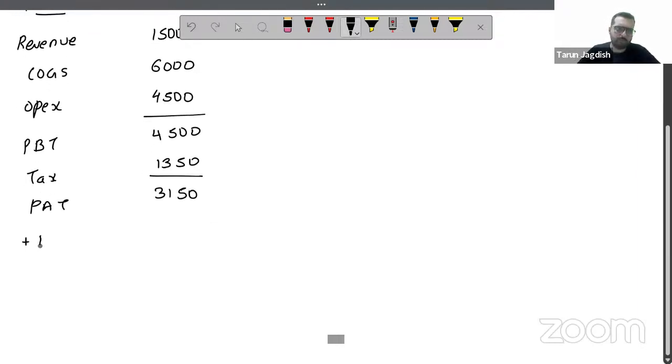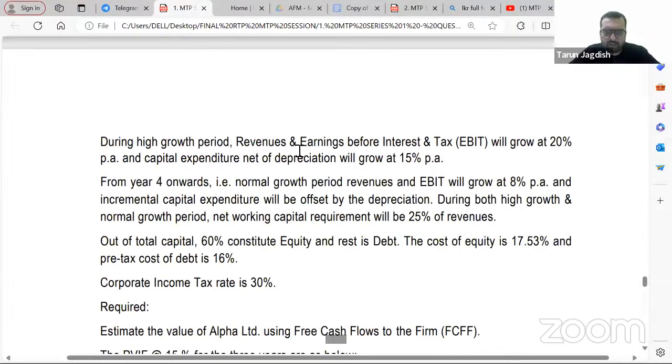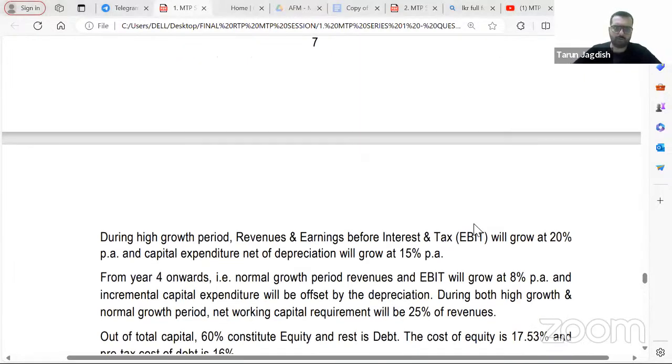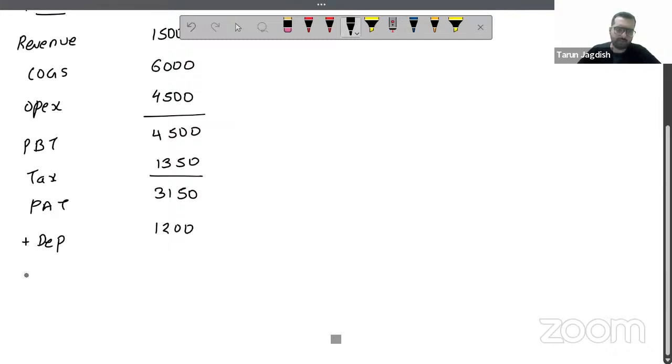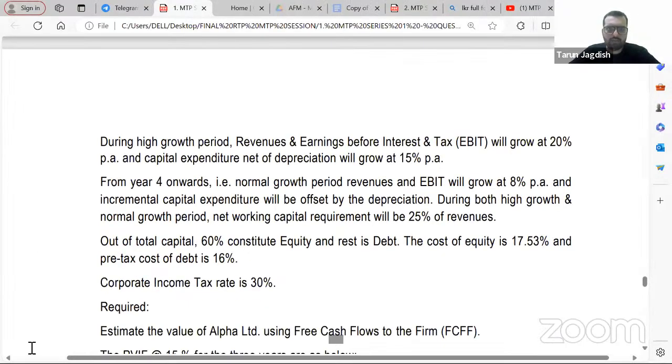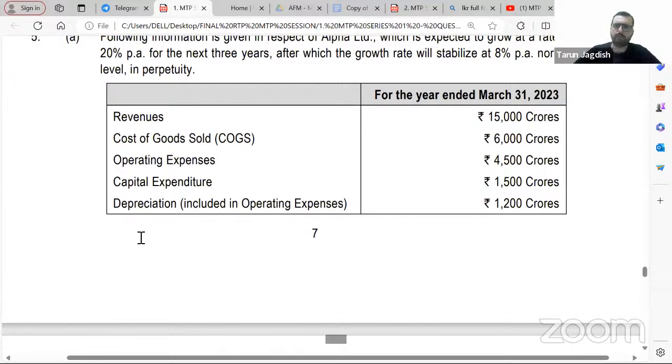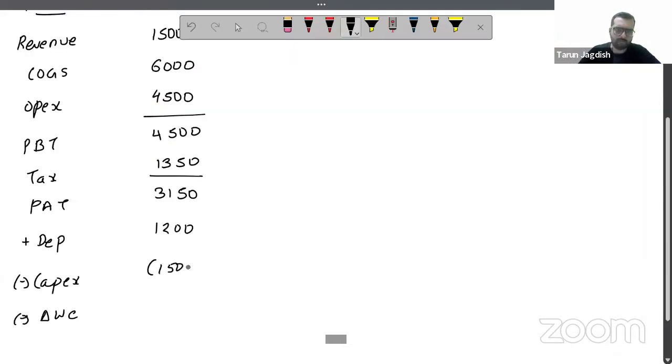Here, what are we supposed to do? Add back depreciation. Okay, so how much is the depreciation? We will have to work it out. Depreciation will grow at 15%. Have they told anything about depreciation? 1,200 crore. So here the depreciation to add back is 1,200 crore, less capex, less additional working capital. So less capex will be how much? That also is given over here, 1,500 crore.